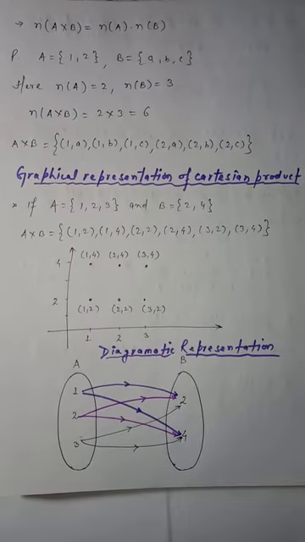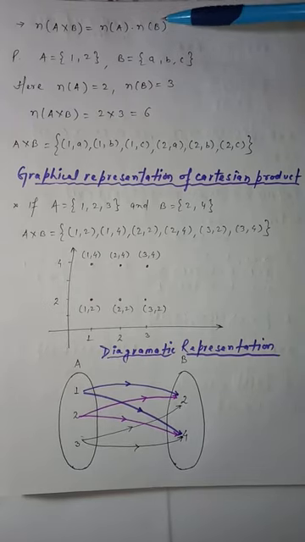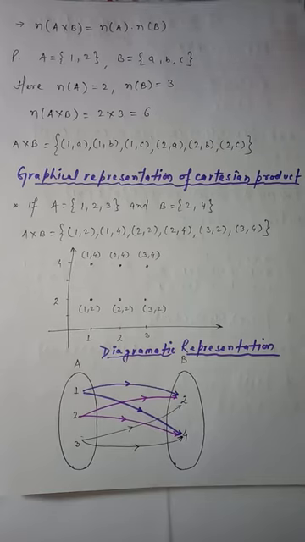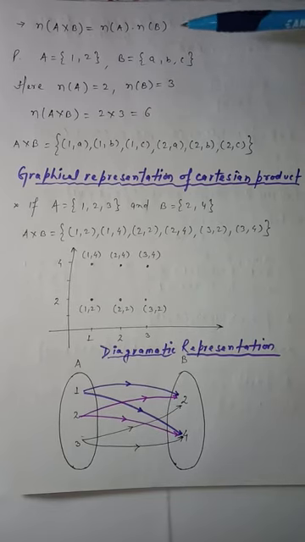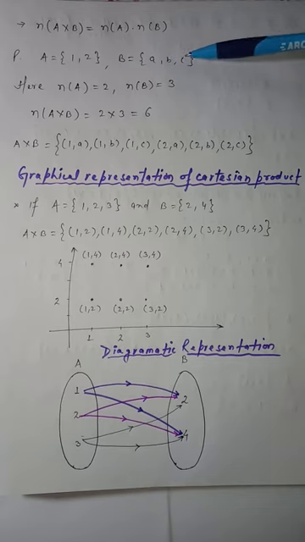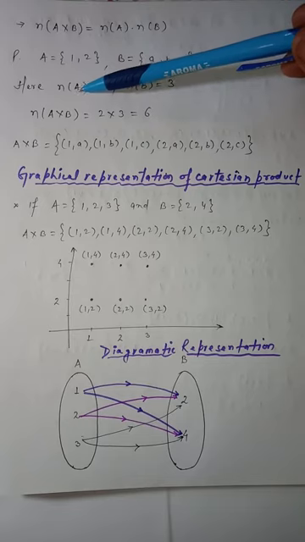Now this formula is regarding the number of elements in A cross B. Here I have written n of A cross B is equal to n of A into n of B. It means if you want to find the number of elements in A cross B, you have to multiply the number of elements in set A and the number of elements in set B. Like set A is 1 comma 2 and set B is A comma B comma C. Here n of A is the cardinal number.